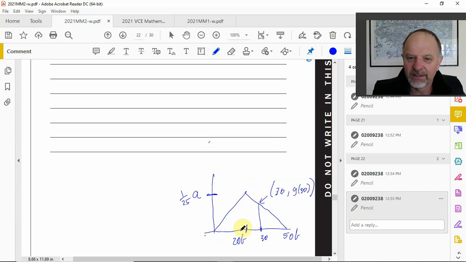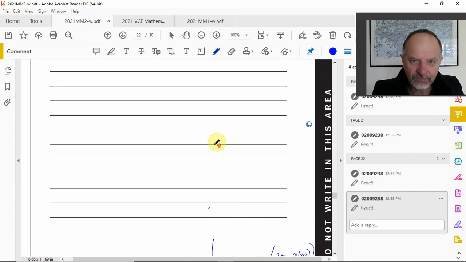So the total area has got to equal 1, and I'm just going to use the area of a triangle formula. I'm not going to do integrals here. Area of a triangle: half the base times the height, and that equals 1.